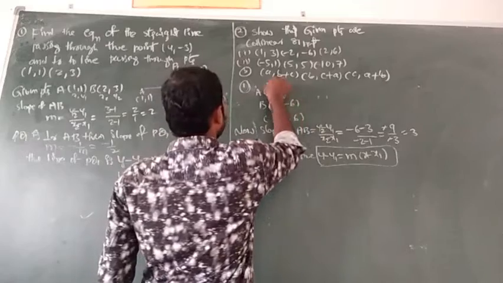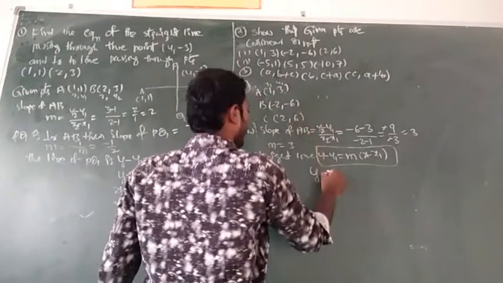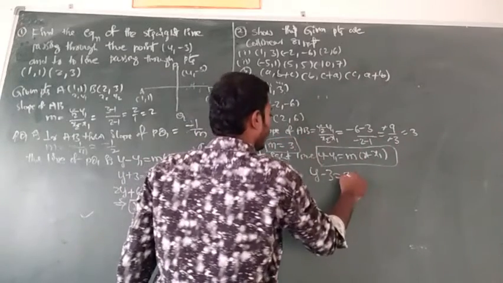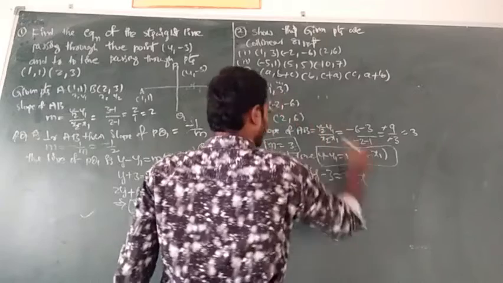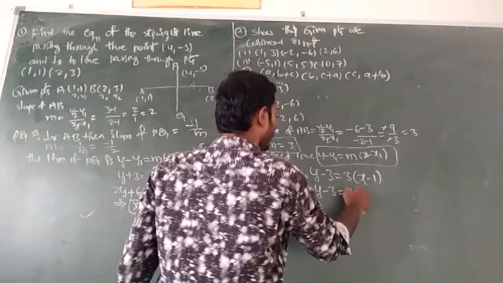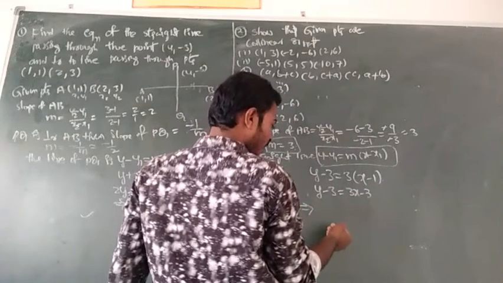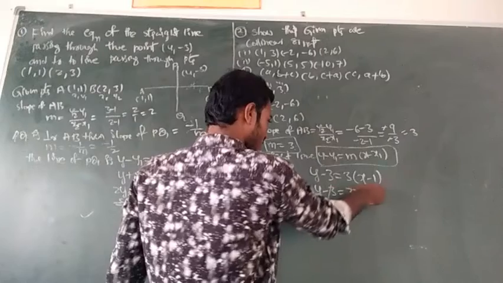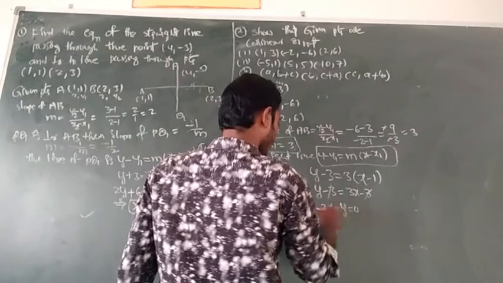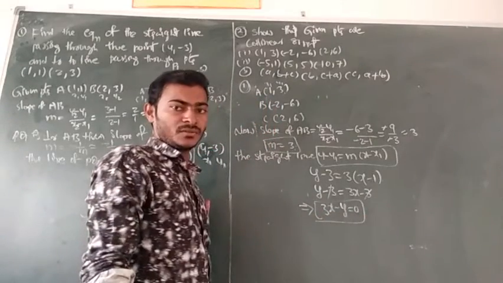Substituting here, this is x1 and this is y1. The y1 value is 3 and m is 3, so 3 into (x minus 1). So y minus 3 equals 3x minus 3. When simplifying, the minus 3 cancels, and we get 3x minus y equal to 0.